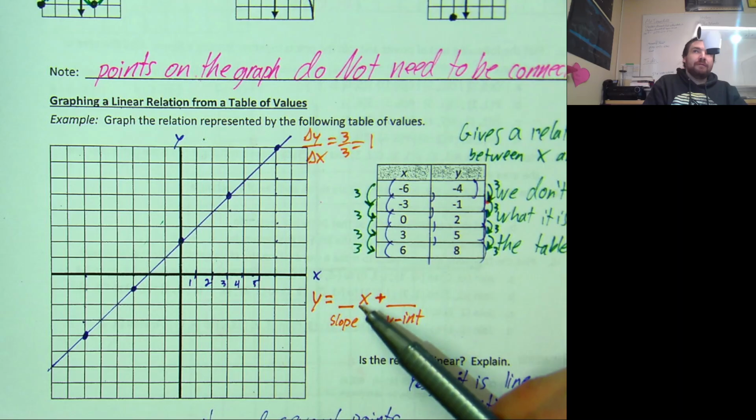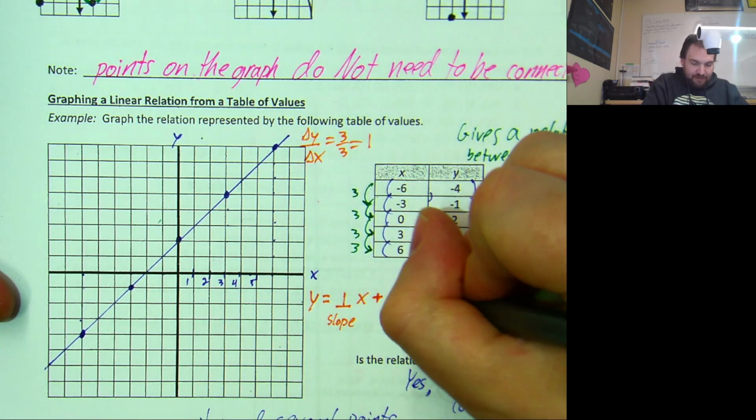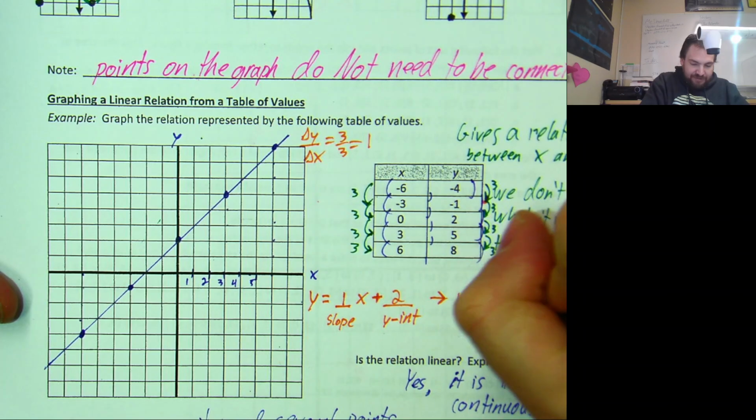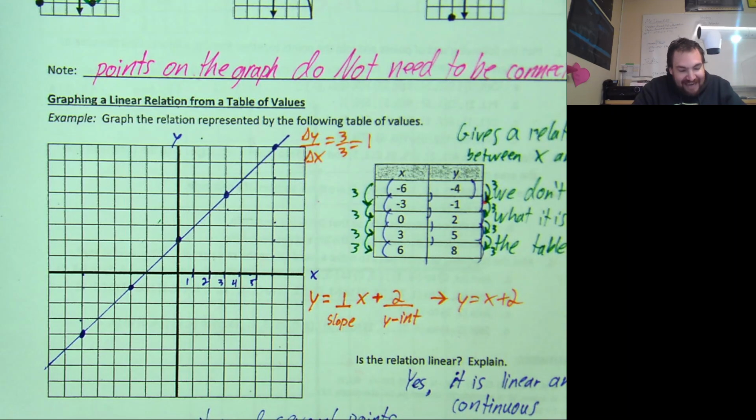What's the slope? What's the y-intercept? So my equation is just going to be y equals x plus 2, which, if you remember, was what Carolyn said about 20 minutes ago. It all comes together.